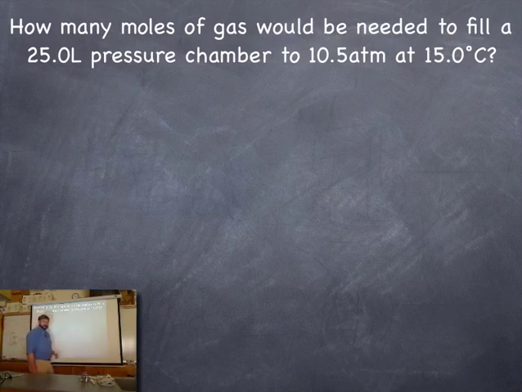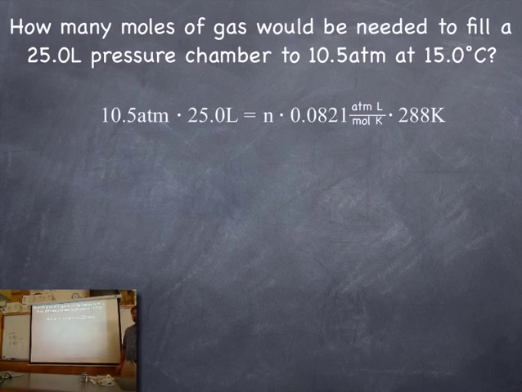So how are we doing? Got that set up? PV equals nRT. Pressure and volume, we know. N, we don't. R is always the same number. T, we took the 15 plus 273. PV equals nRT. We're going to take that.